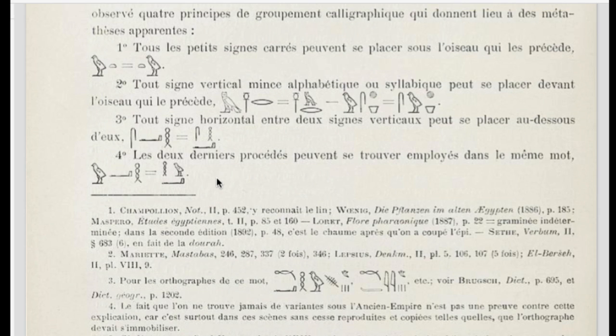Fourth, he says the last two processes may be employed in the same word. So he's saying that this same word here, we have wa, and here we will have hawa. If you were to read this incorrectly, it'd be hawa, but it's correctly wa. Okay.